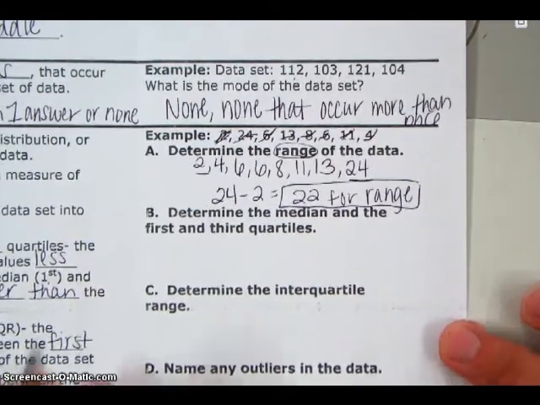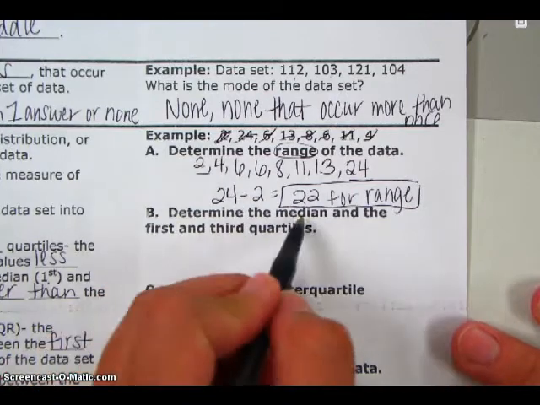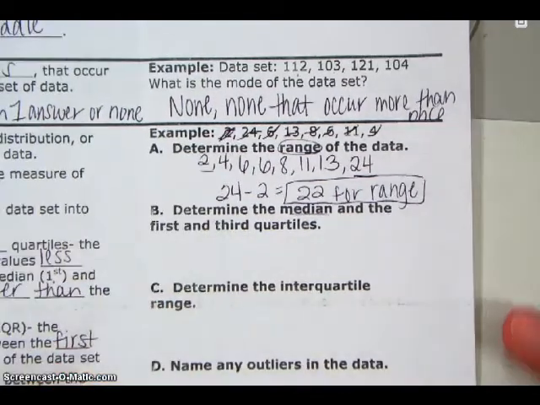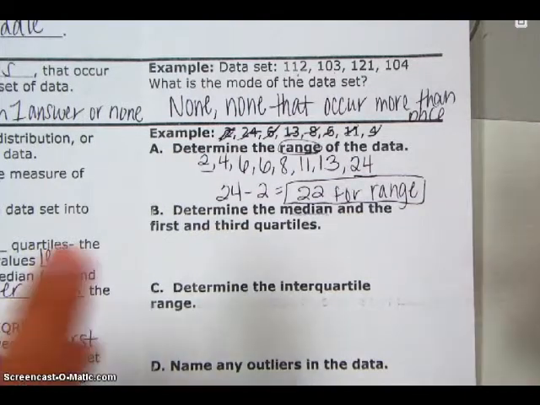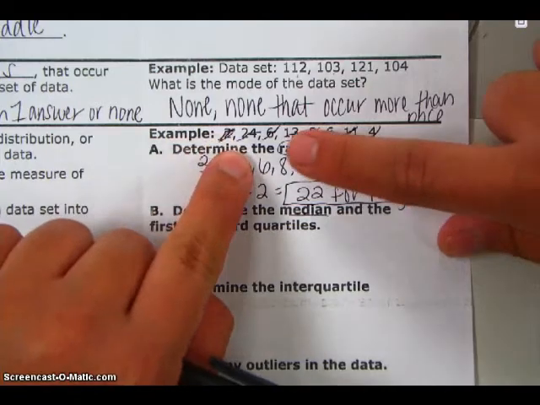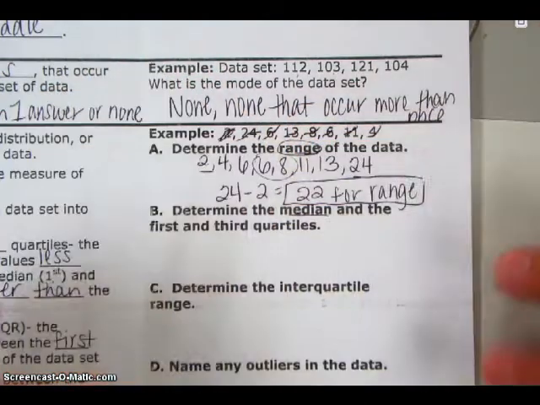Now we want to know the median and the first and third quartiles. Remember, when we figure out the median, we have to have our data in order from least to greatest, which is why I already did that. So let's find our median, starting with 1 on the left, 1 on the right, and then moving in towards the center. Notice we actually have 2 numbers for our median here.